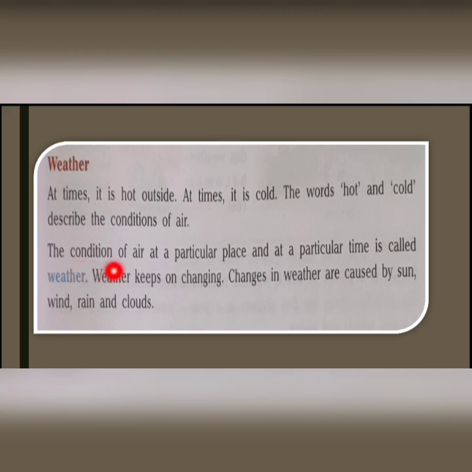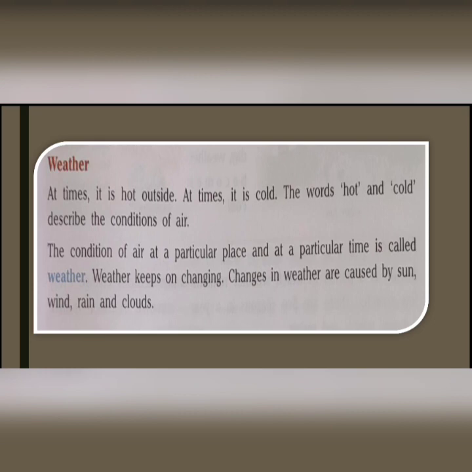The condition of air at a particular place and at a particular time is called weather, and it keeps on changing. Changes in weather are caused by sun, wind, rain and clouds. When there is no rain we feel hot in the summer, and when it rains we feel somewhat comfortable.